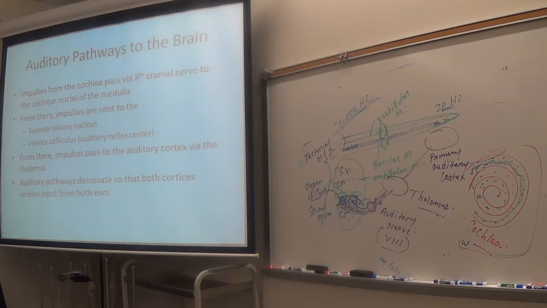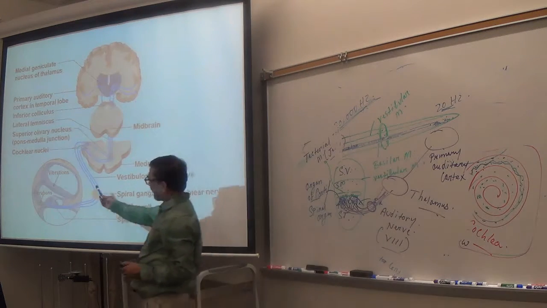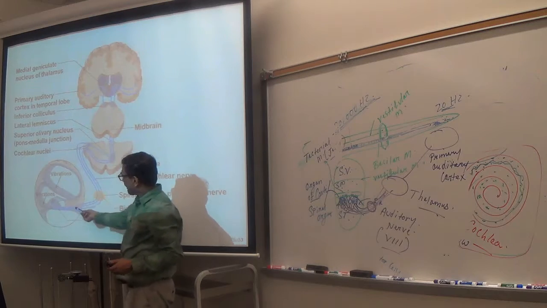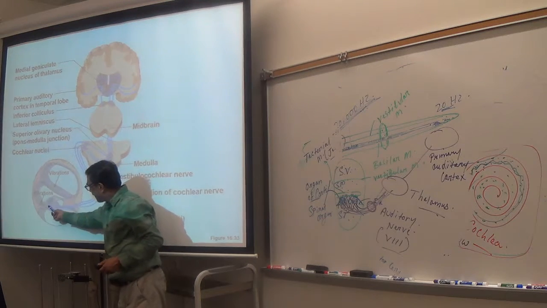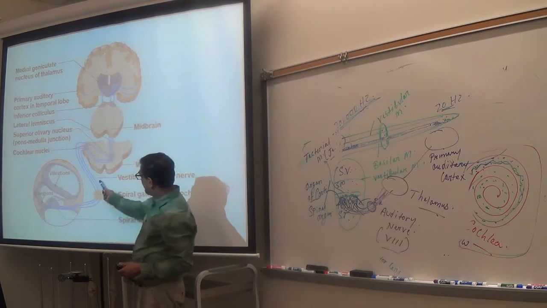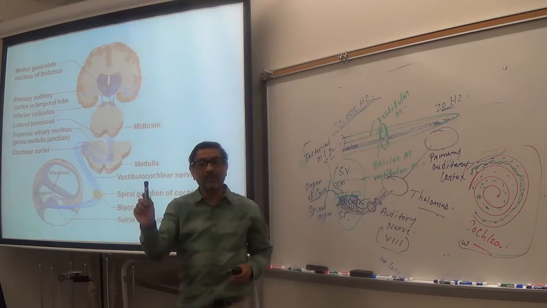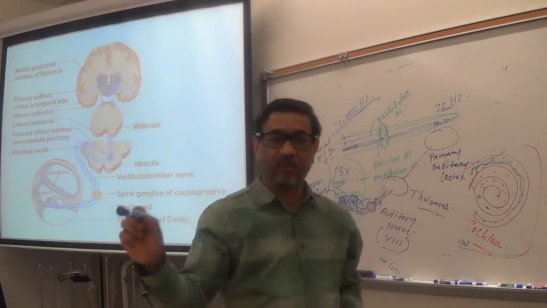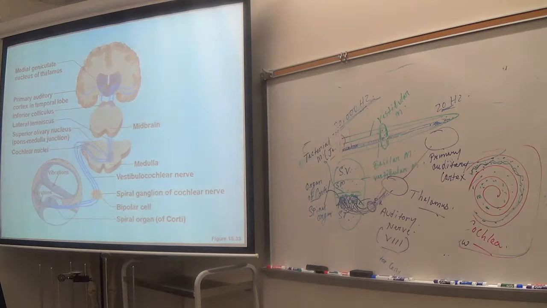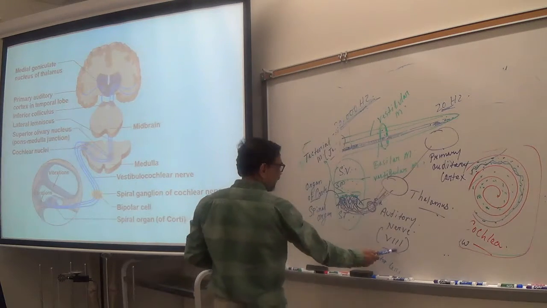Just know the auditory pathway, you see the cochlea is this one, hair cells, and these are the nerve fibers. That's the auditory nerve, also called the vestibulocochlear nerve. Same thing. The auditory nerve is also called the vestibulocochlear nerve, and which is cranial nerve number what? 8.